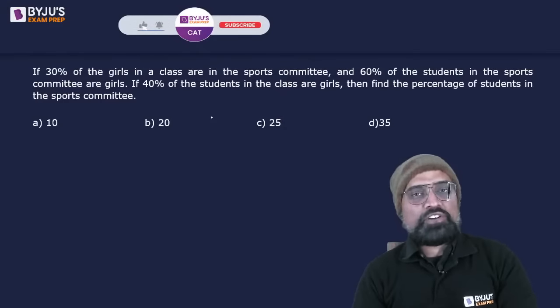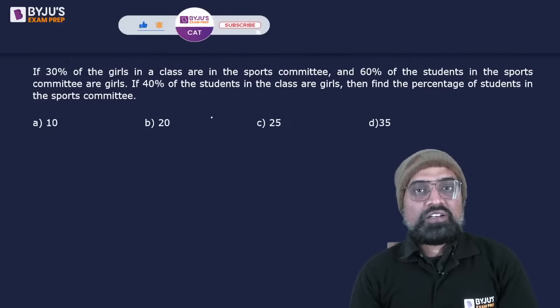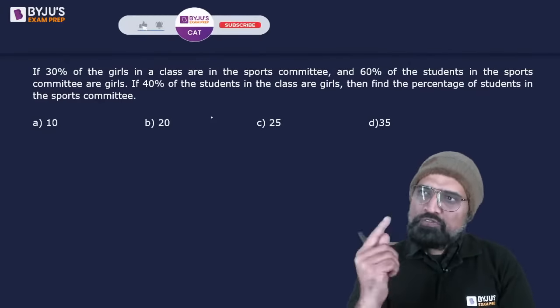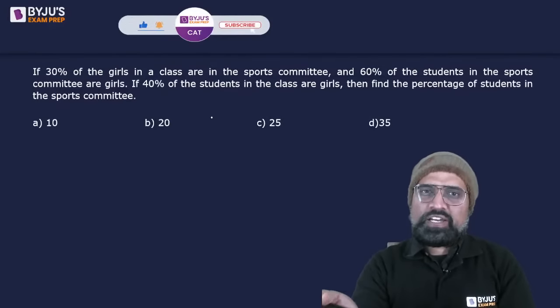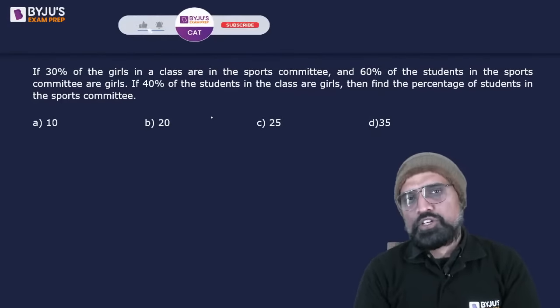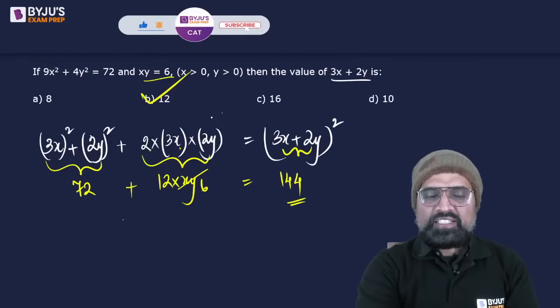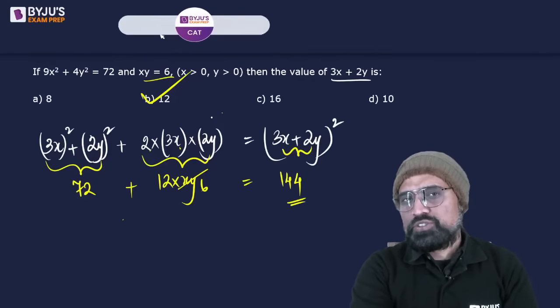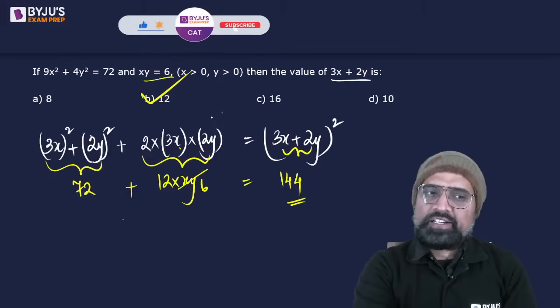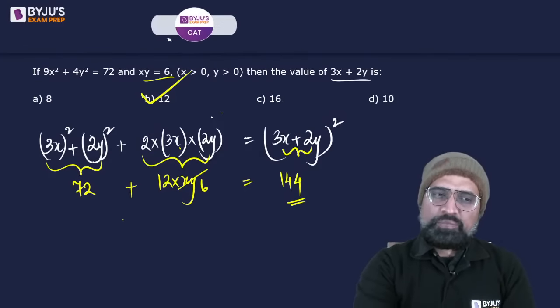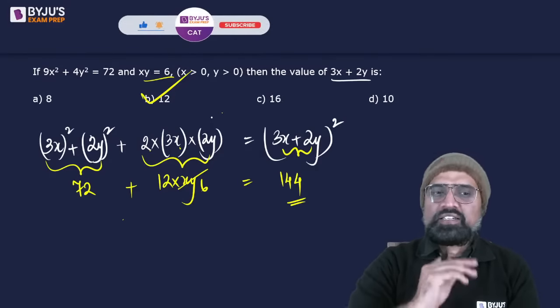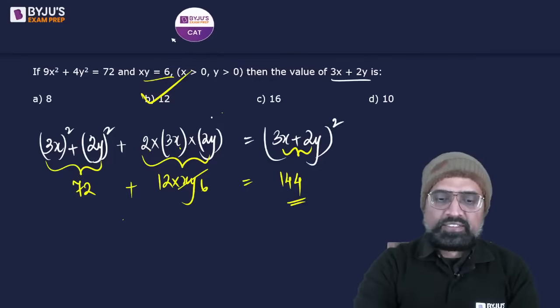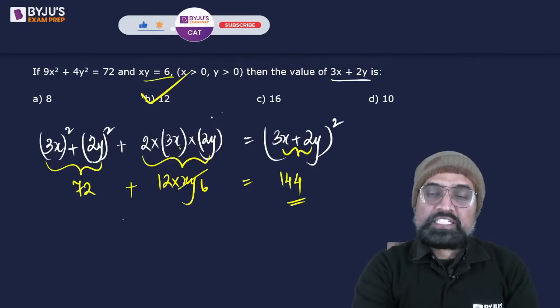Because I did not have an option which says cannot be determined, none of these. So I know if one hits one set of values, I'll just put it and look at the options, whichever makes sense. So I think the value of x is 2 and value of y is 3 will hit. लग तो वही रहा है, because that's 36 plus 36. 2 into 3 is 6, and that is going to be 6 plus 6, 12.